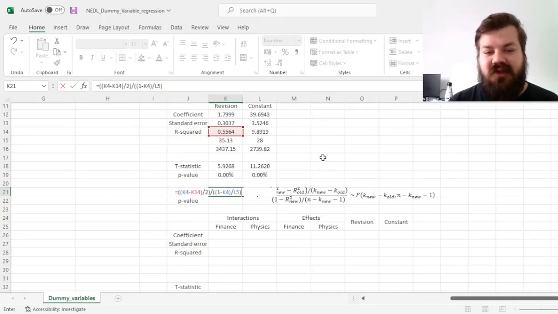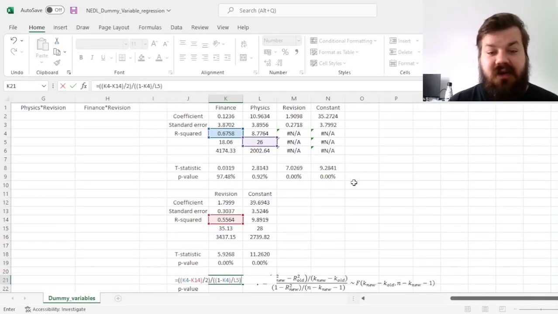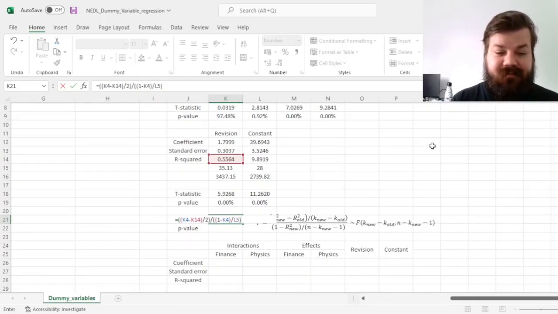Very similar to the baseline f-test, where you just test the significance of all coefficients you include into the model. And turns out you can use the f-test to assess the significance of any set of coefficients in the model if you estimate the model with and without that coefficient set.